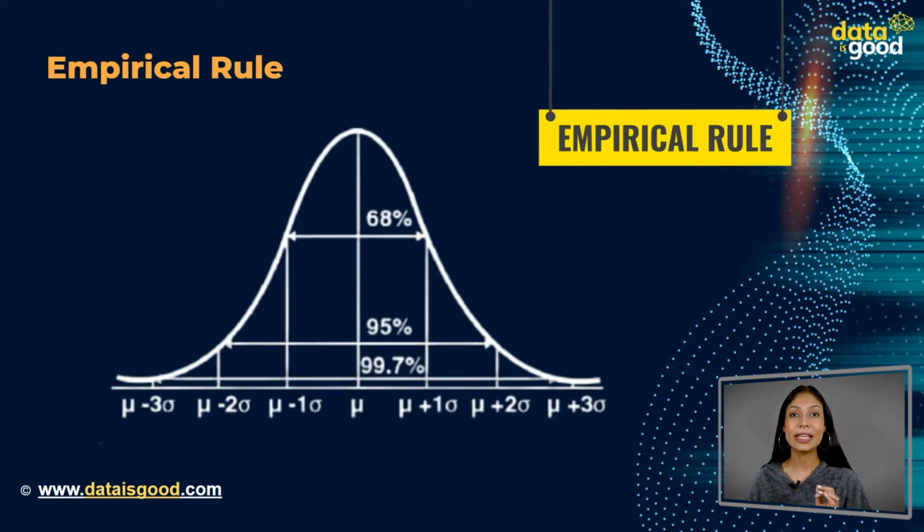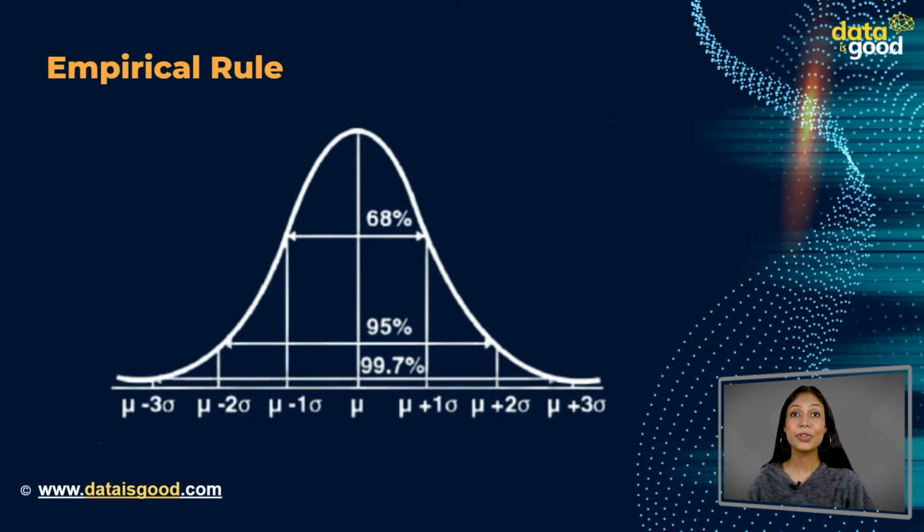Now we will look at the empirical rule. The empirical rule states that approximately 68% of the data falls within one standard deviation of the mean, that is, between mean minus one standard deviation and mean plus one standard deviation. Approximately 95% of the data falls within two standard deviations of the mean, that is, between mean minus two standard deviations and mean plus two standard deviations.